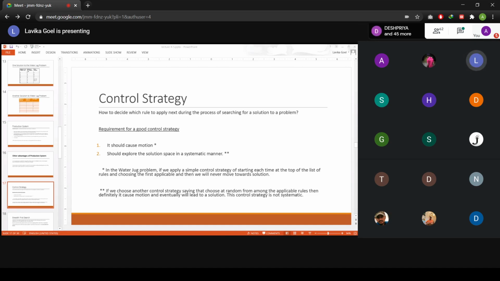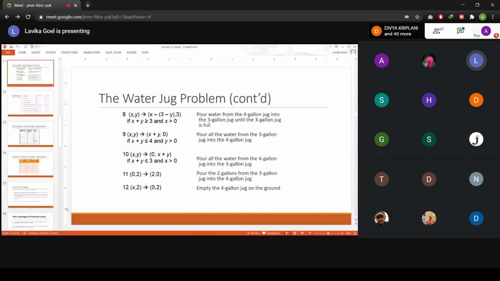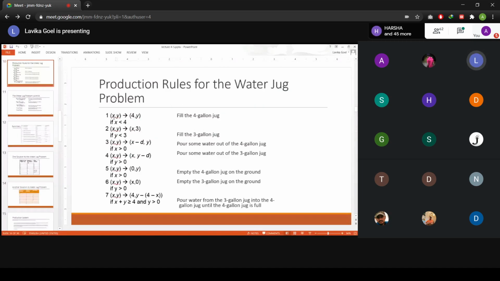Suppose in the water jug problem, you choose the control strategy that every time you are picking up the first rule. Let us see the set of rules. If you see here, there are 12 rules in the water jug problem. But let us say every time you are selecting the first rule, the filling of the 4-gallon jug. Then the next time also you are filling the 4-gallon jug.